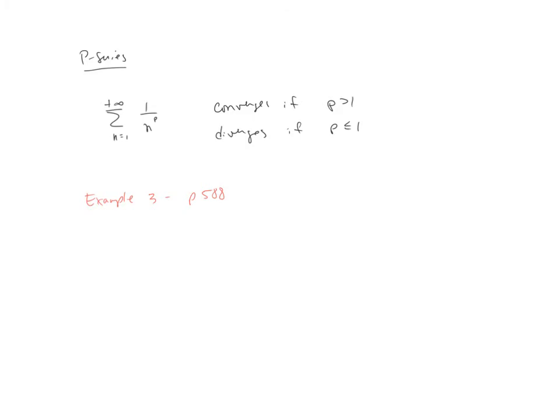So the problem that we're going to look at is the infinite series from n equals 1 to infinity of 1 over the cube root of n plus 3 raised to the 4th power. Now, as you look at that, you might be thinking to yourself, well, how in the world is that going to come into this form?